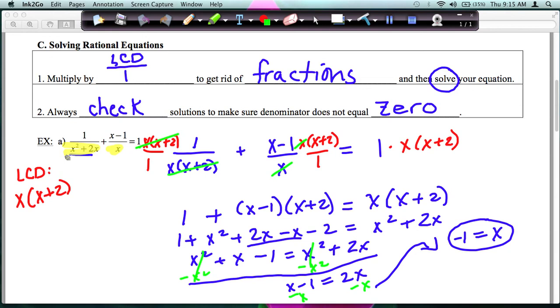And no. 1 plus negative 2 is not 0, and if I plug in negative 1 here, I get negative 1. Neither of those are 0. So that means that this checks. It won't make the denominator 0, so it won't make the equation undefined. So this is the solution. So you just need to show in some way that you've checked your solutions.